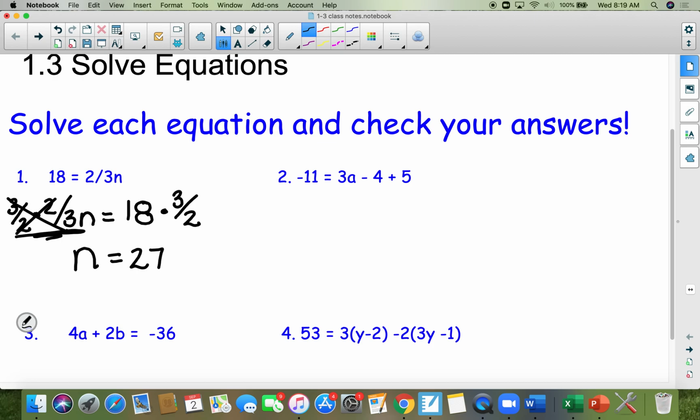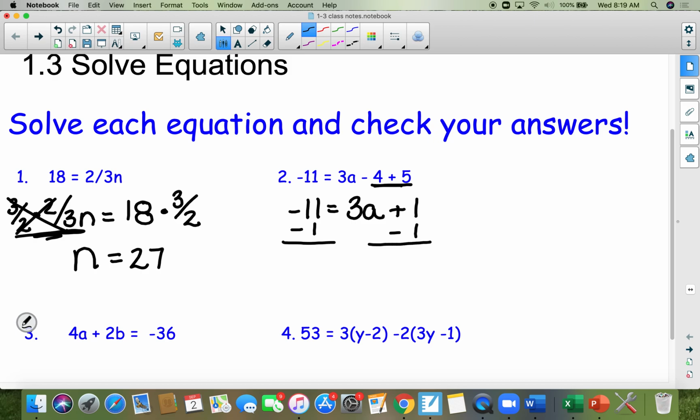Okay, the next one, a negative 11 equals 3a, and I can put the negative 4 plus 5 together to make plus 1. I'm just going to show you, you don't have to have the variable on the left-hand side in number 2. I'm just going to leave the variable on the right-hand side. In order to get rid of the plus 1, I'm going to subtract 1 from both sides.